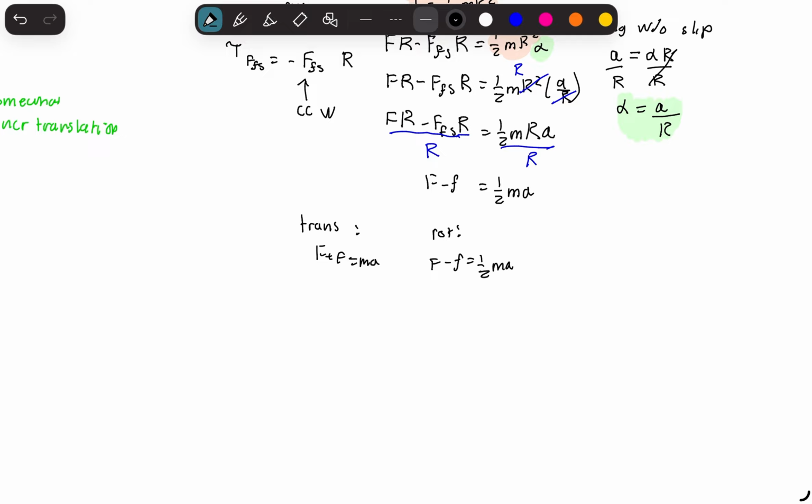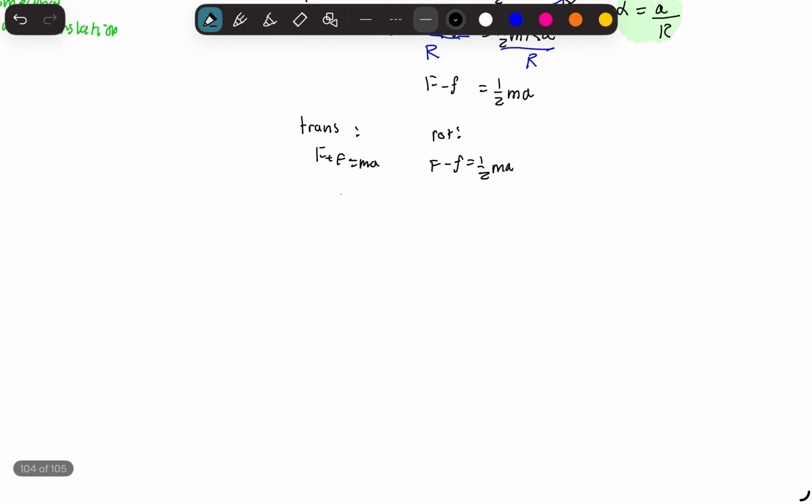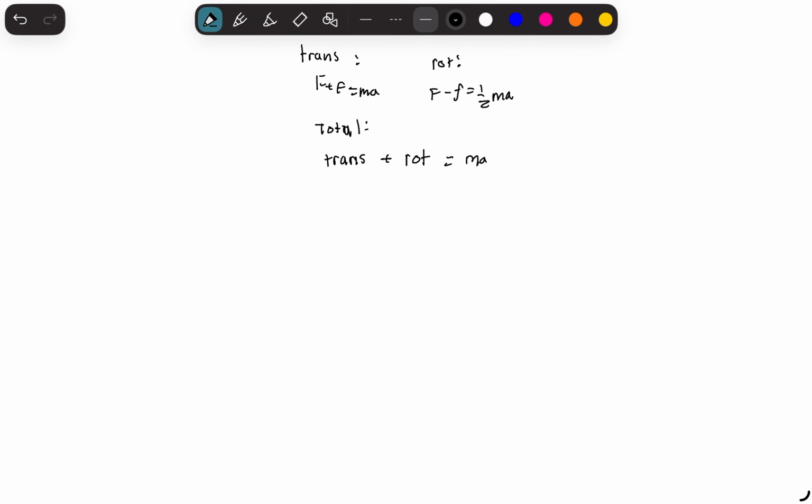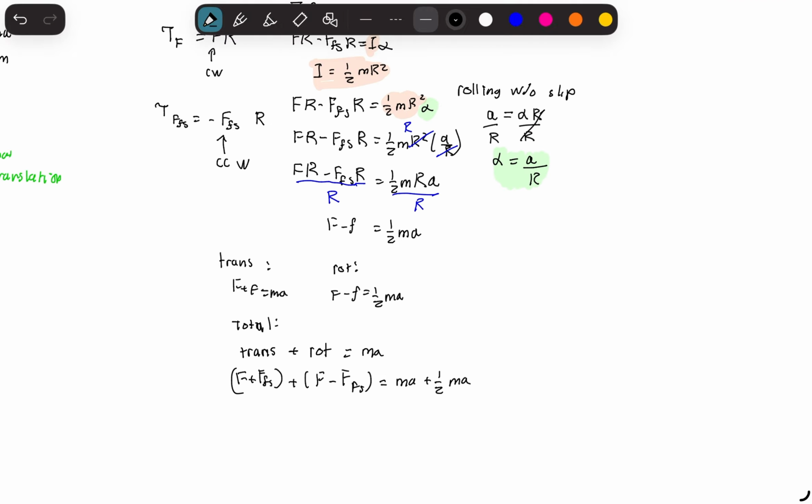Now, we're going to look at this holistically. We can add your translational plus your rotational. That means you have F plus F minus Fs is equal to ma plus 1/2 ma.